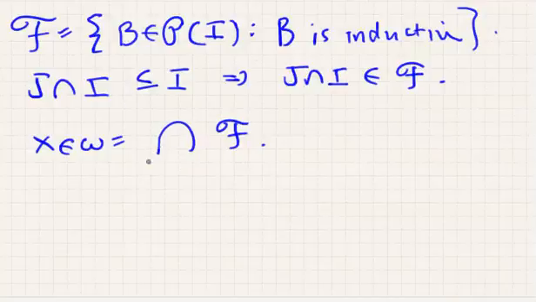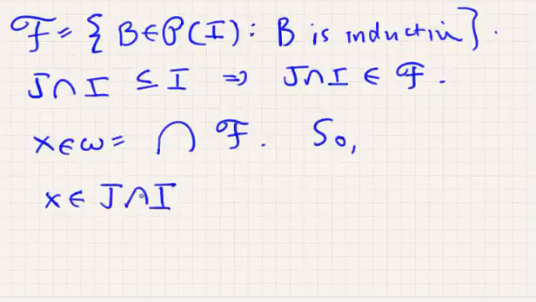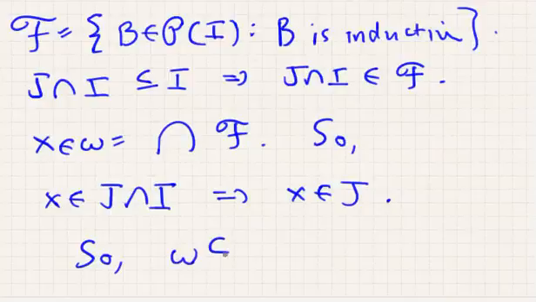This means that x was in every inductive subset of I. So in particular, x is in J intersect I. But this by definition means that x is in J. So that was claim 2.